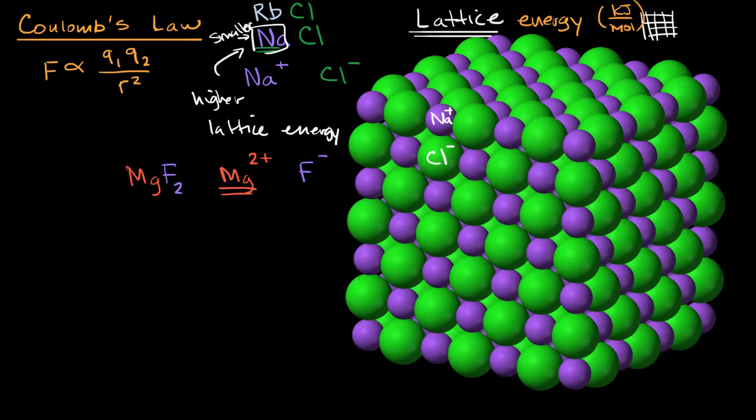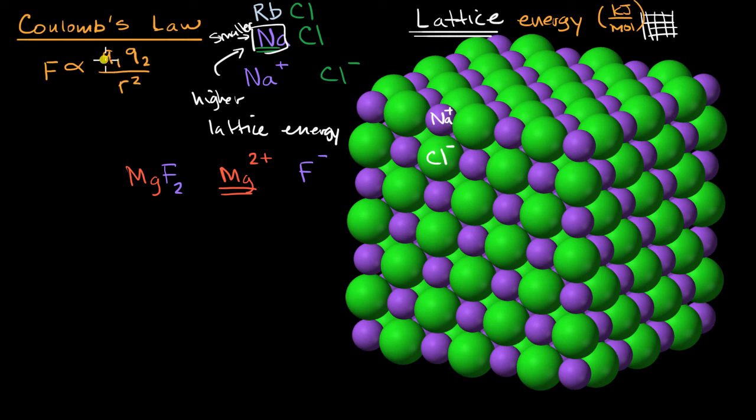So what we see here is not only does magnesium have a larger positive charge than the sodium cation does, but it's going to be smaller. And the fluoride has a comparable charge to the chloride, but it too is going to be smaller.